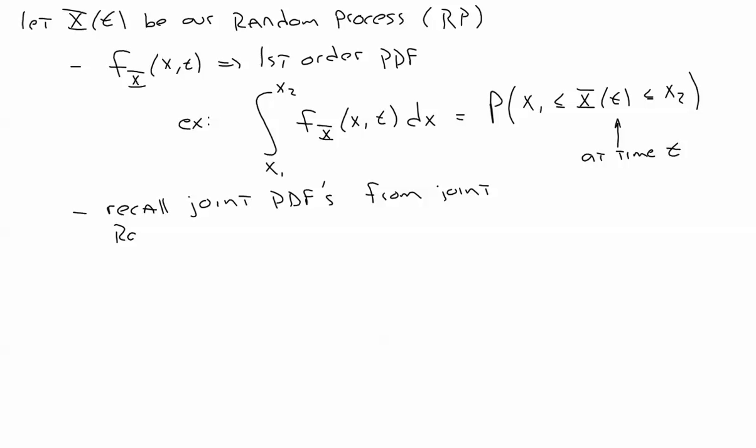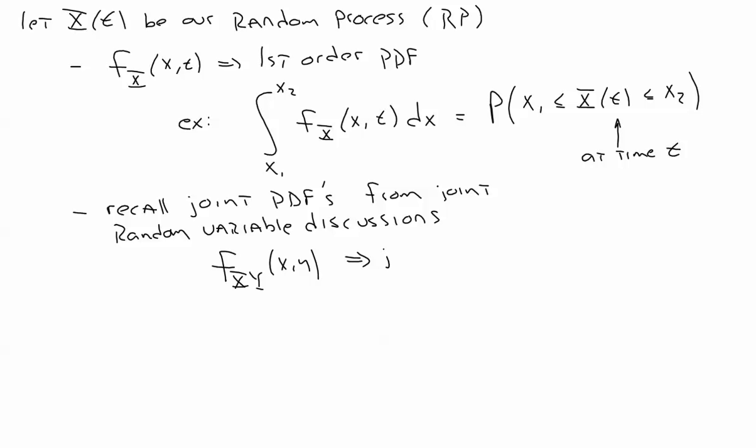Recall from joint random variables, remember we had something that looked like this. That was a joint probability density function, and we could do things like this.